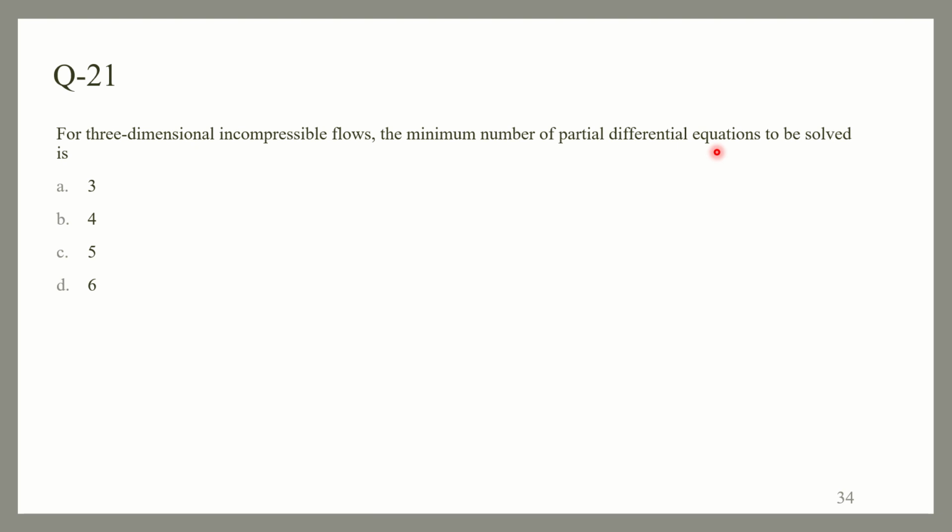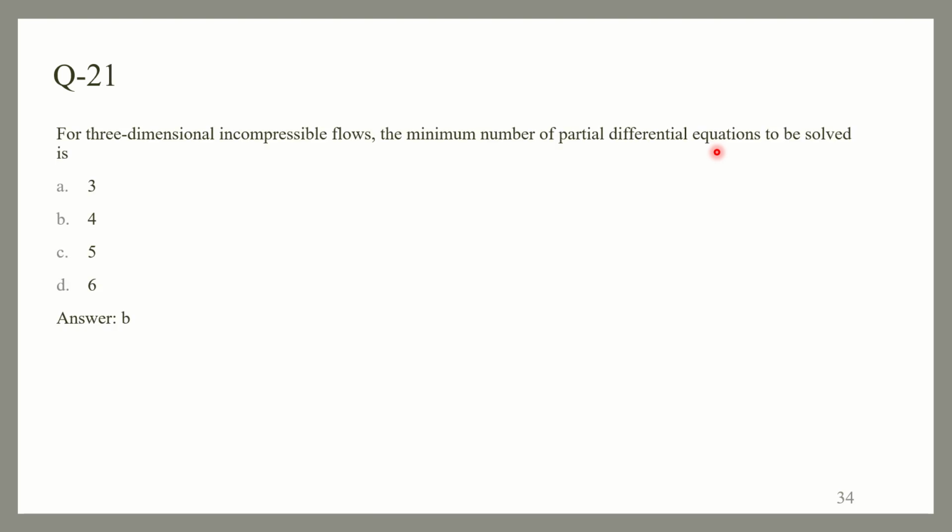So the answer is option B. It is an incompressible flow system, therefore we need not solve for the energy equation. If it is a compressible flow system, you need to remember that we need to solve additionally for the energy equation as well. Thereby it would be 3 plus 1, 4 plus 1, 5 equations we would be required to solve.